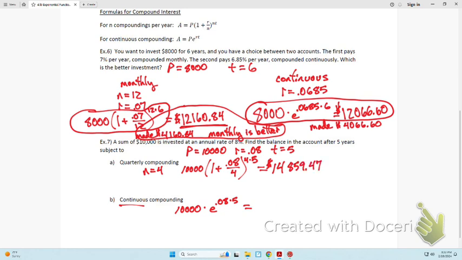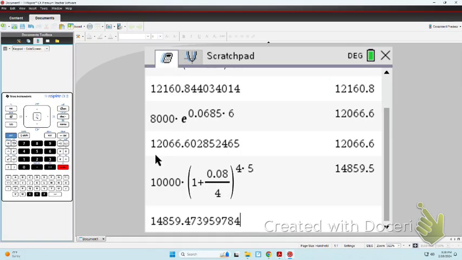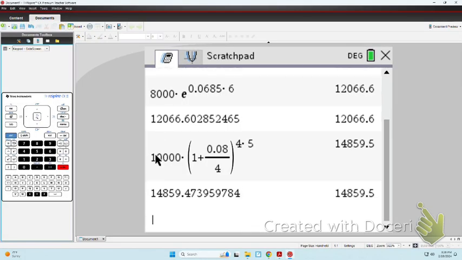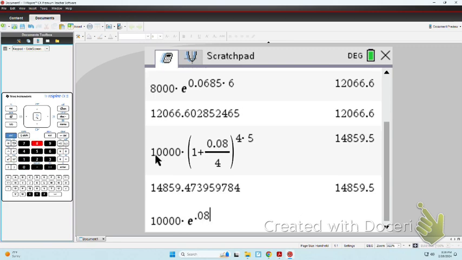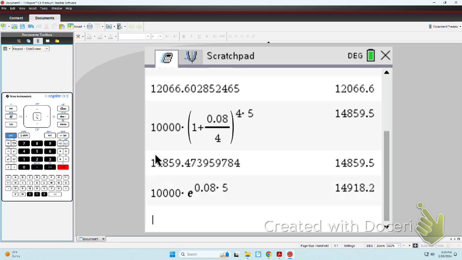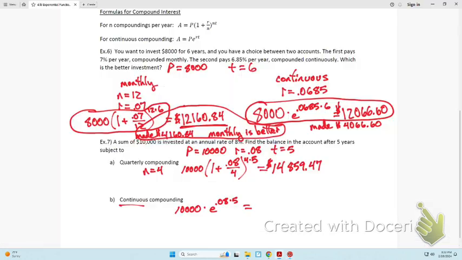All right, let's try continuous. Looks right. 14,918 and 25 cents.